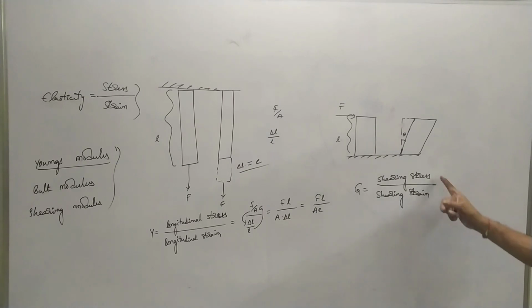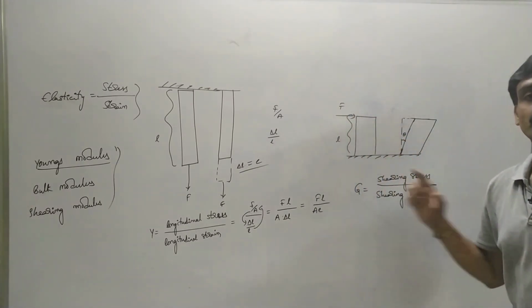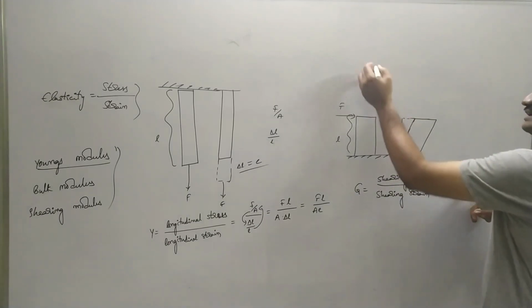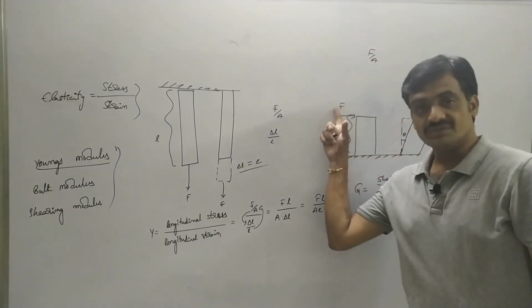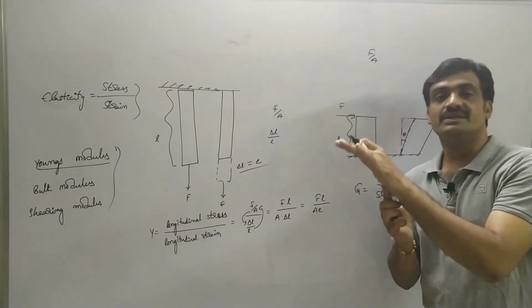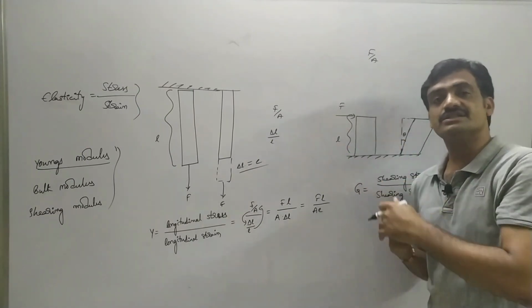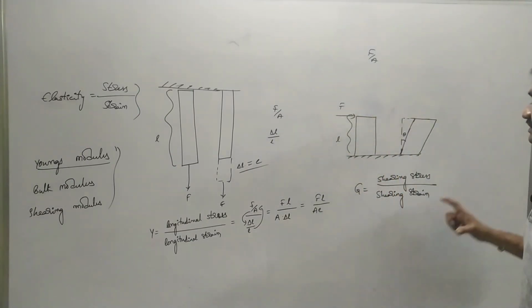Shearing stress is the deforming force applied per unit area, represented as F by A, and we know that deforming force is equal to restoring force. Why? Because as the force is removed, automatically the body regains its original shape. That's why deforming force is equal to restoring force.